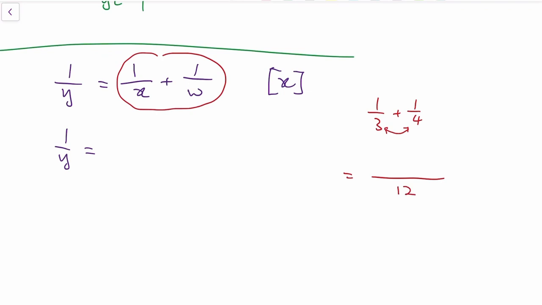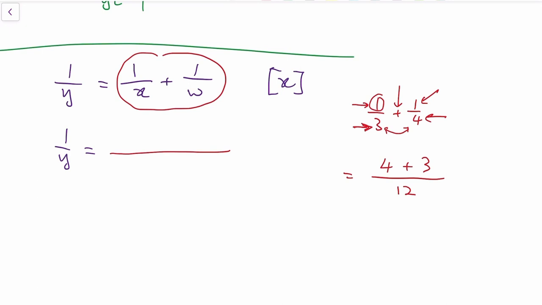So it's 12. Then for 3 to go to 12, you need to multiply 3 by 4. So if 3 needs to be multiplied by 4, then this 1 also needs to be multiplied by 4. So 1 times 4 is 4, plus this, because this is a plus. And then similarly, for 4 to go to 12, you need to multiply by 3. Therefore, this 1 is also multiplied by 3. That's how you get a common denominator, right?